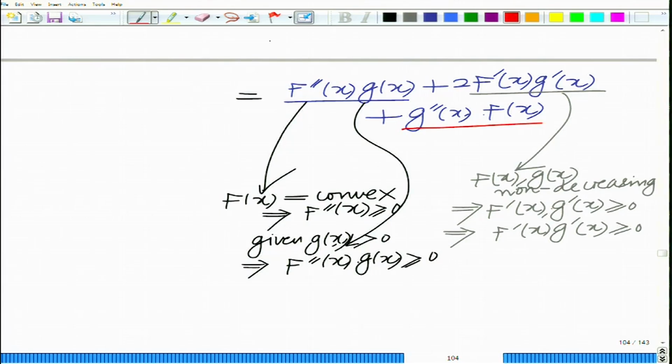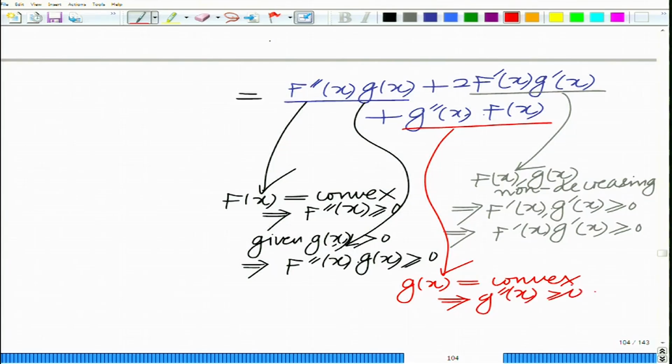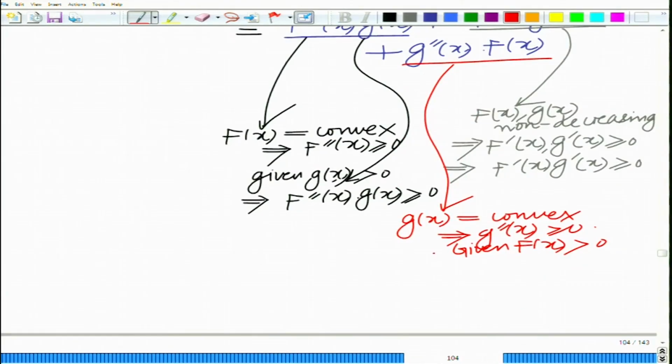And now, the last term is similar, g is convex. This implies g double prime of x is greater than or equal to 0, given f of x greater than 0. So, this implies g double prime of x into f of x greater than or equal to 0.